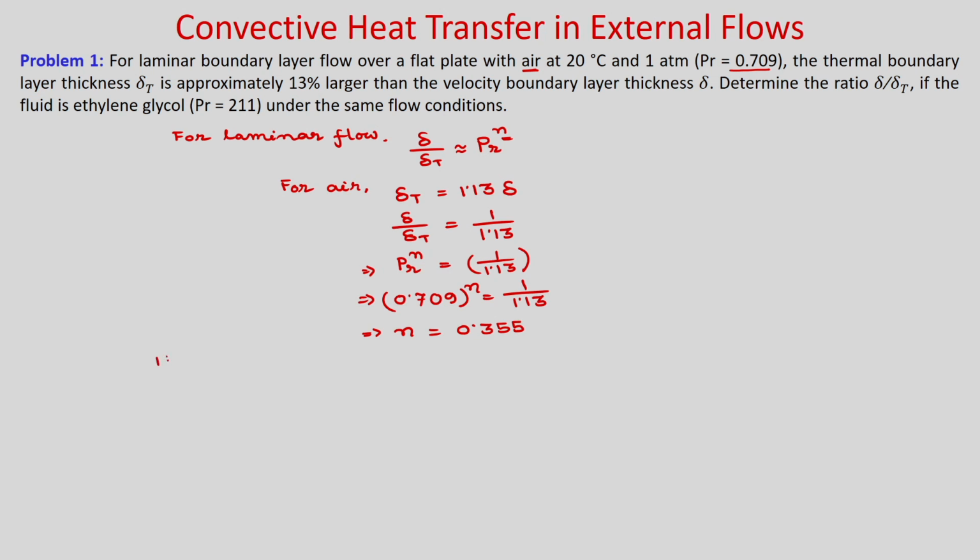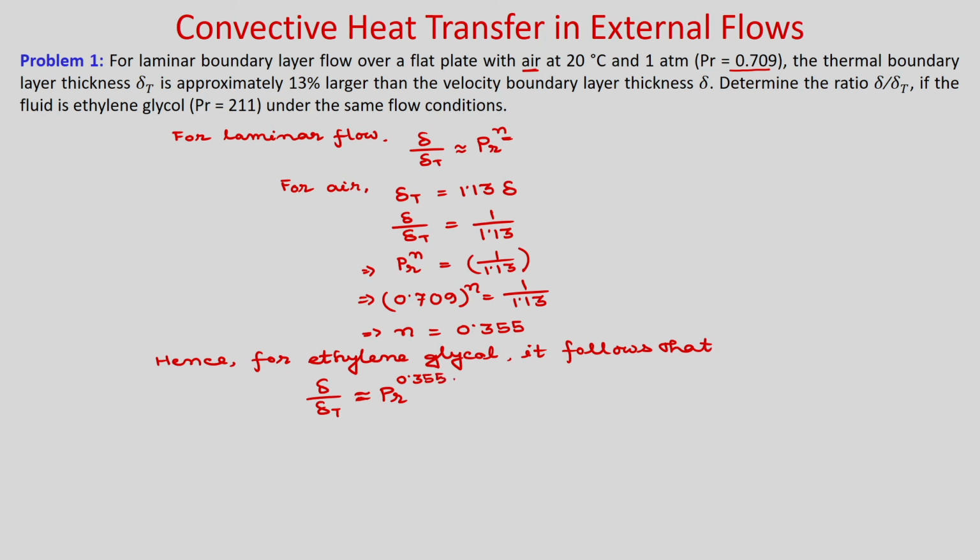So, for ethylene glycol it follows that delta by delta T will be approximately Prandtl number to the power n, where n is 0.355 because you have the same flow conditions.